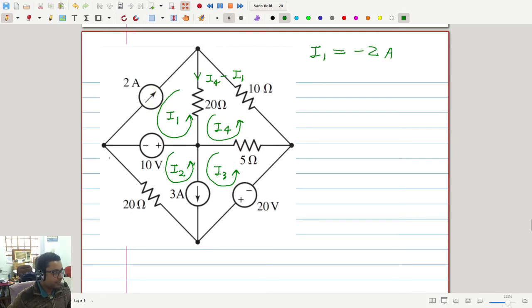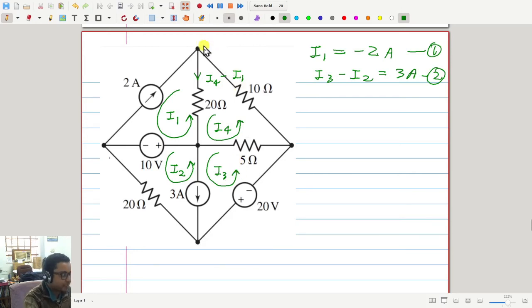Then similarly, what else can you say? Here, if you look at this current source, you can say I3 minus I2 equal to 3 ampere. So this is one equation, this is another equation.